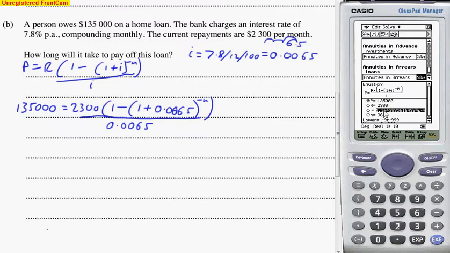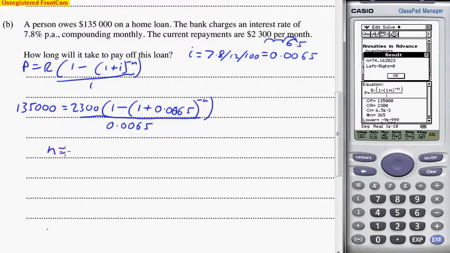I is 0.0065, and I'm going to find what n is. My calculator will just solve that now, and n equals 74.16 periods. Now that's it solved.